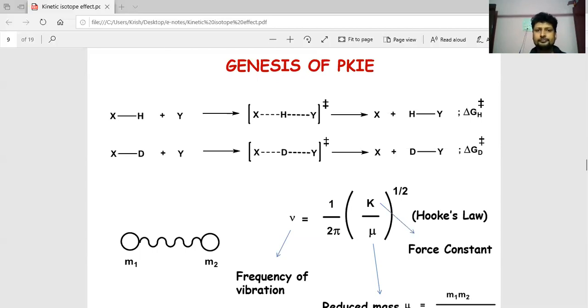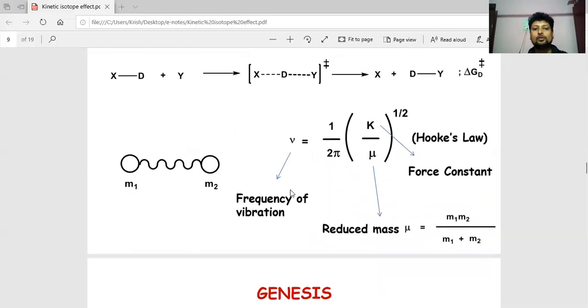Now we all know that the two atoms which are attached by a bond act like a spring, that is they can vibrate. So the frequency of vibration is given by Hooke's law. Have a look. Hooke's law is written here. In Hooke's law we know nu, that is frequency of vibration, is given by 1 by 2 pi into square root of k by mu.